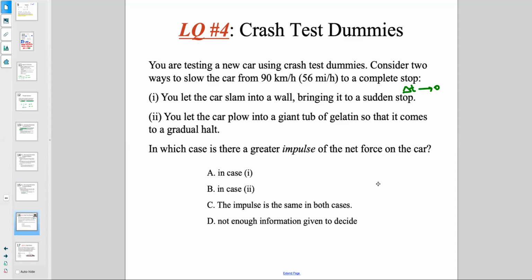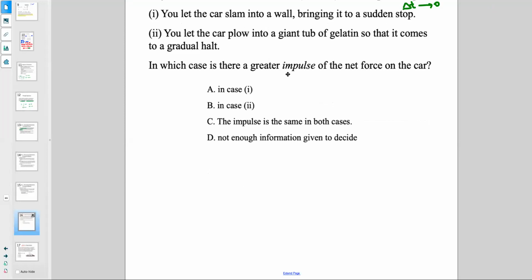So in case one, case two, or the impulse is the same in both cases, or not enough information given. We're looking for the comparison of impulse, right? So we know the impulse is F times delta t, which is delta p, or change in momentum.